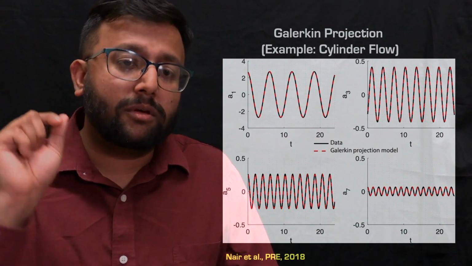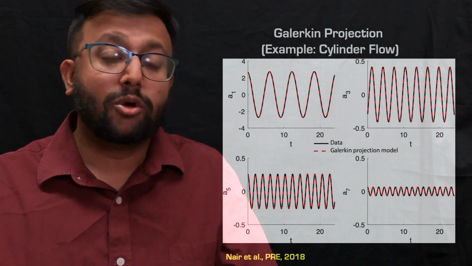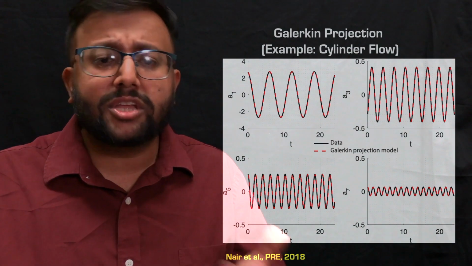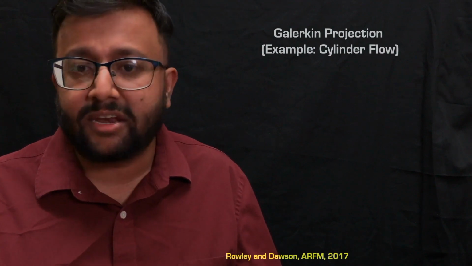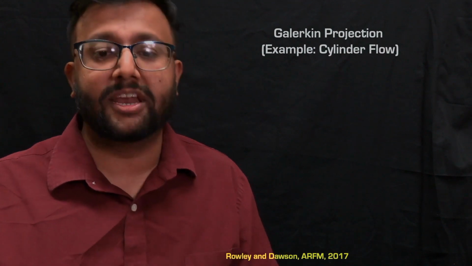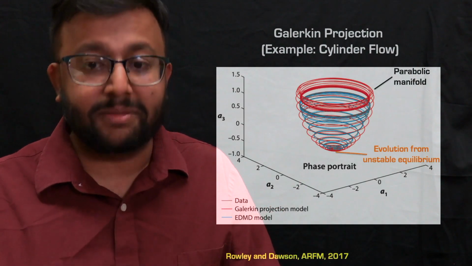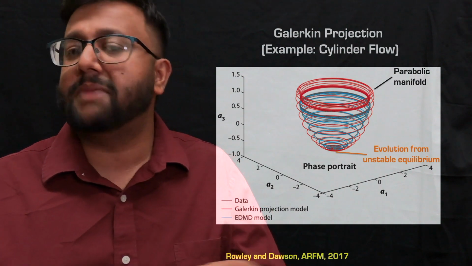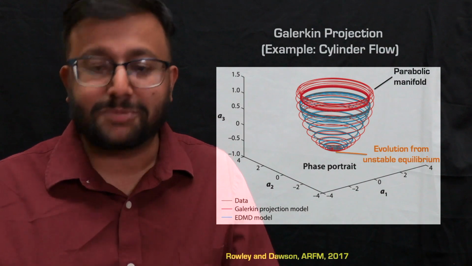But I want to emphasize the fact that the initial condition here was chosen to be on the limit cycle, right? So the natural question that one may ask is, what happens if the initial condition is not on the limit cycle? Well, if the initial condition is outside the limit cycle, the Galerkin projection method starts to reveal some of its problems.